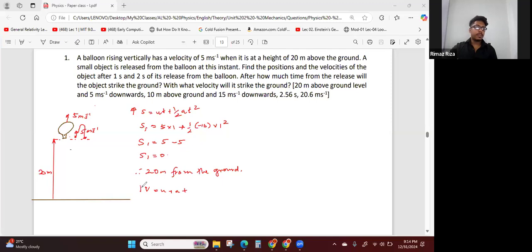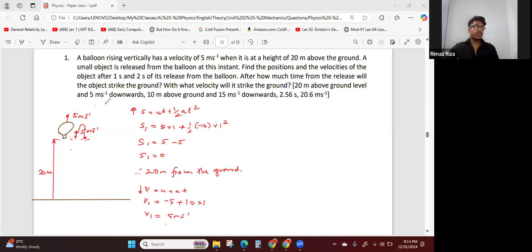I use downward because I already understand that it is falling. It might have gone up and so the velocity will be downward. So v1 equals initial velocity, minus 5 because it's upward, plus acceleration 10 into 1. Therefore v1 is equal to 5 meters per second.